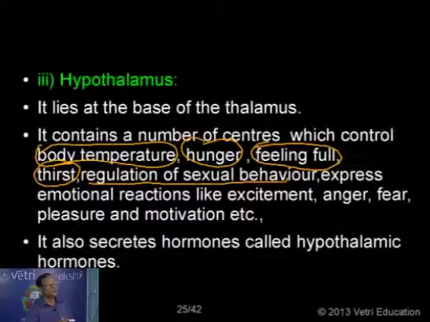You have certain emotions, and they are expressed because of the controlling center in the hypothalamus. So it expresses emotional reactions: excitement, anger, fear, pleasure and motivation. All these activities, we can say your mood, are related to the hypothalamus.